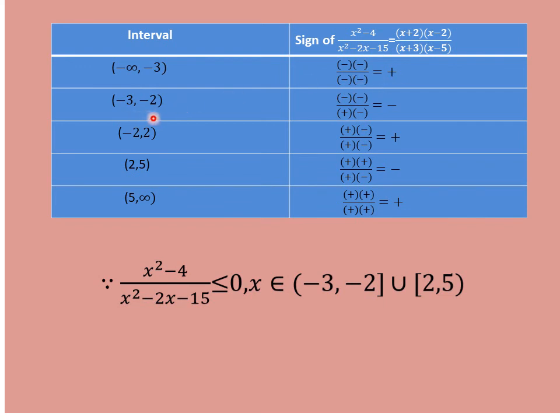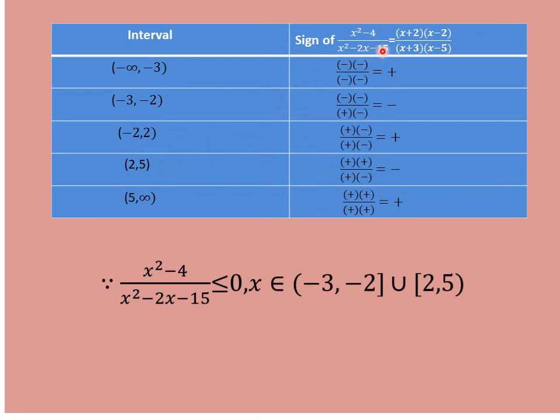Then minus 3 comma minus 2. In between these two values, you can take minus 2.5. So minus 2.5 means this is negative, here positive, here negative. In the numerator it is positive, minus into minus, plus by minus it is minus. In between minus 2 and 2 you can take 0.